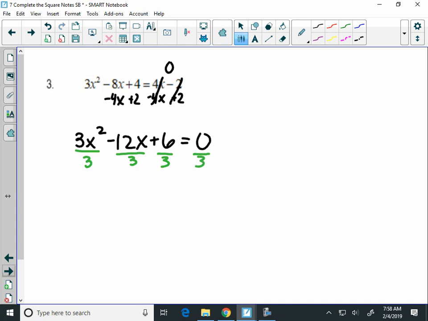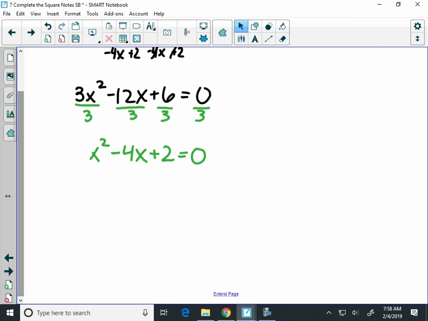What that gives me then is x squared, remember there's an invisible 1 now, so that's good, minus 4x plus 2 equals 0. And that's good because now I have a 1 in front and I can complete the square just like the last couple problems. So that's the only difference here: you have to divide by that leading coefficient.